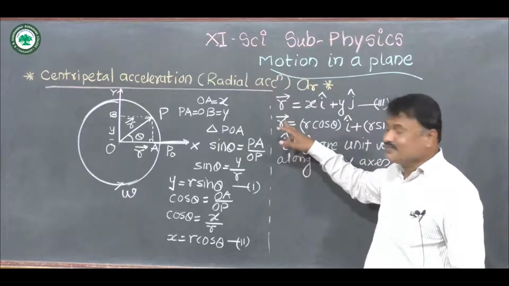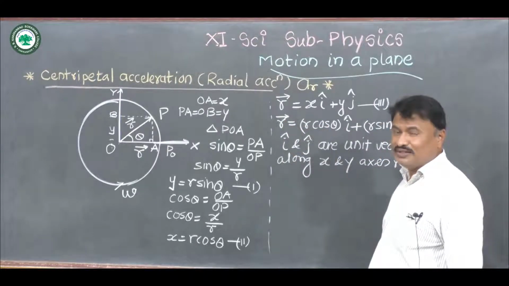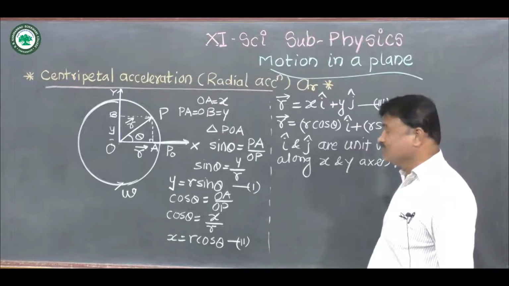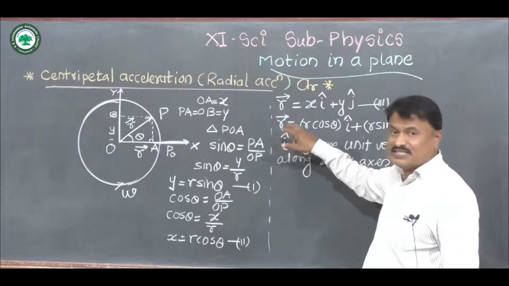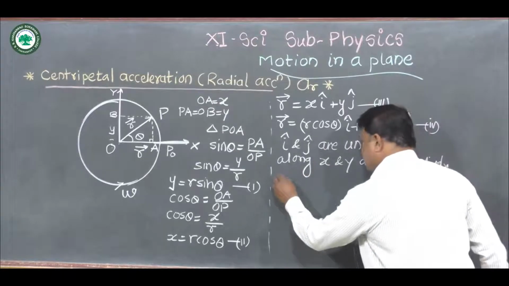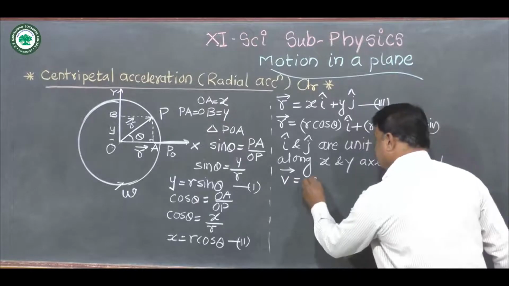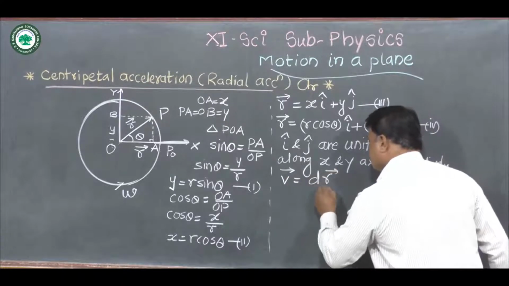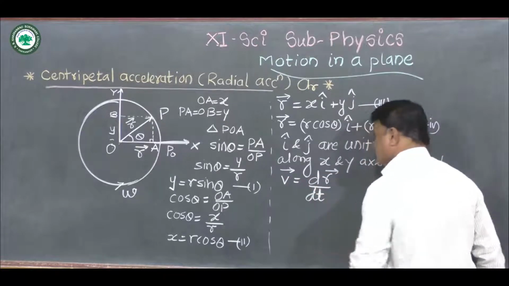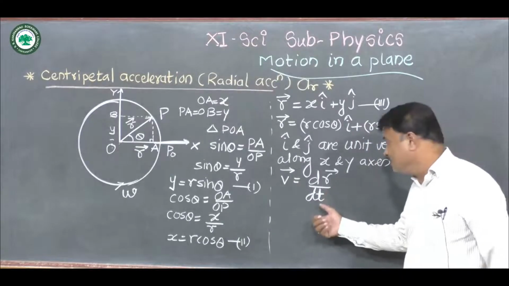As we know that r is the position vector, according to the definition of instantaneous velocity, we take the derivative of this position vector with respect to time. Therefore, instantaneous velocity v bar is equal to dr bar by dt. That means we have to take the derivative of r bar with respect to time.